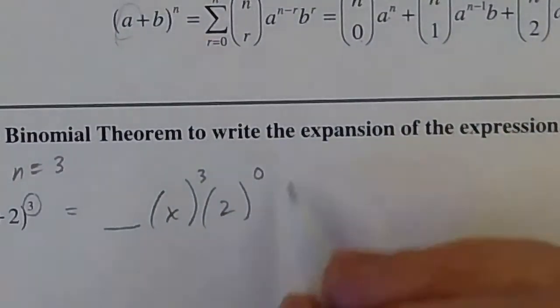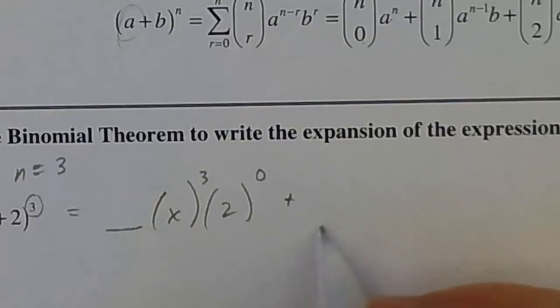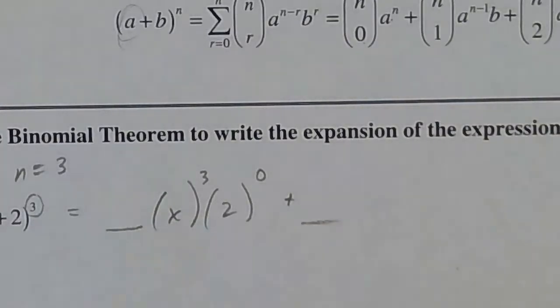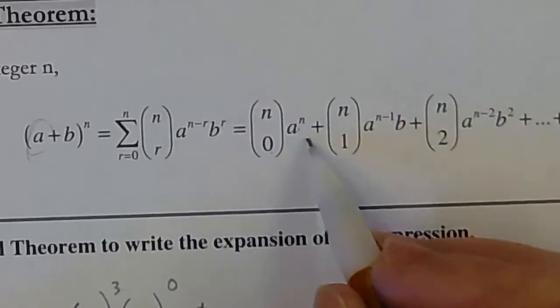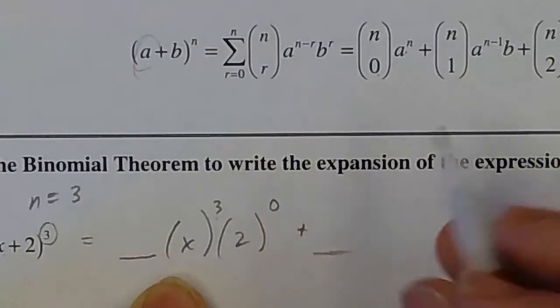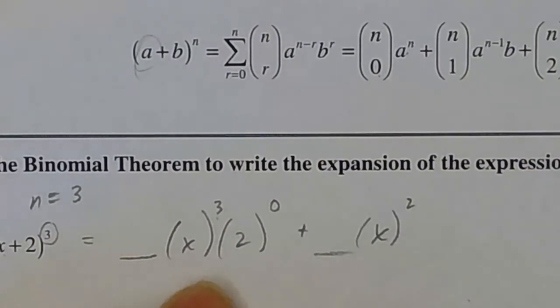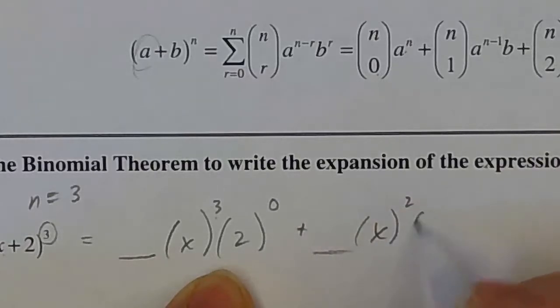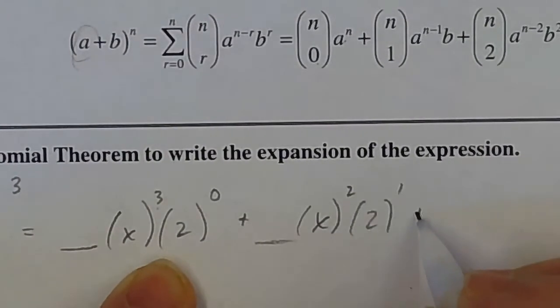Okay. All right, just follow with me here, and I'll show you the pattern. Write another term, write a spot for the coefficient, and what's going to happen now is the powers of a just go down 1, and the b's start to go up. So this is going to go from the 3rd degree to the 2nd degree. And this is going to increase. Okay, stay with me here.